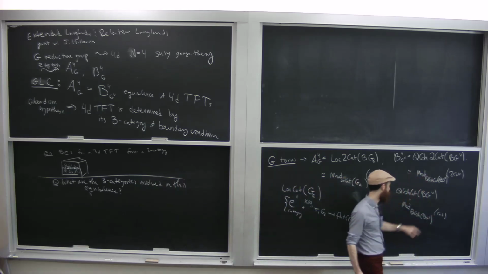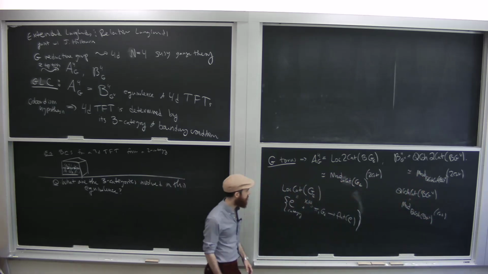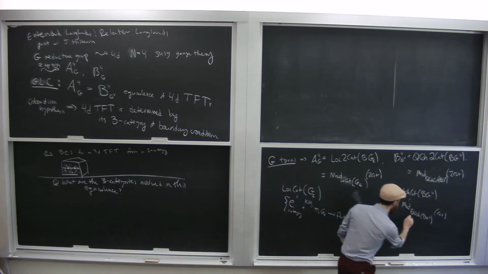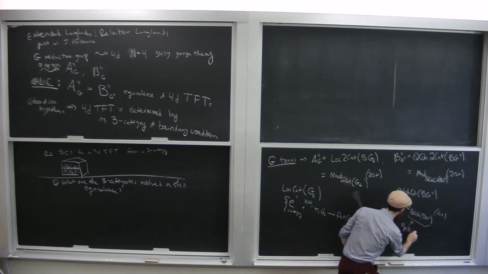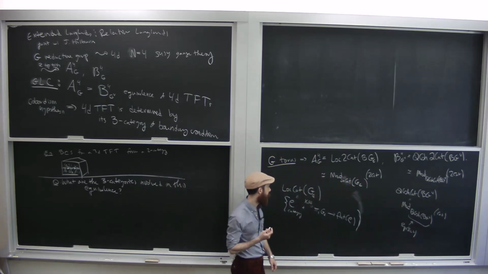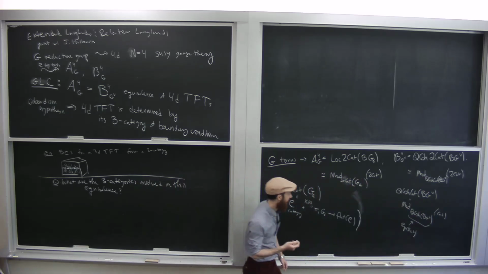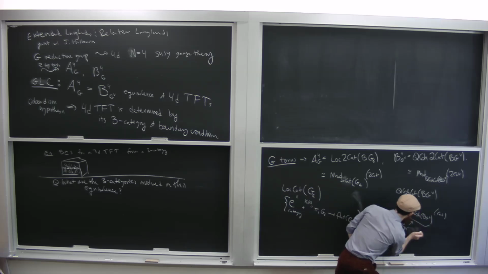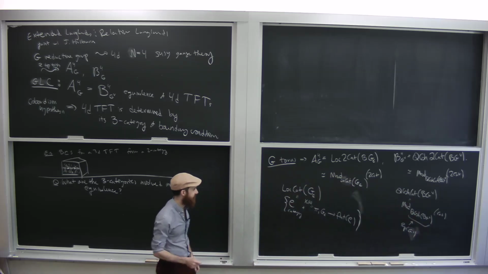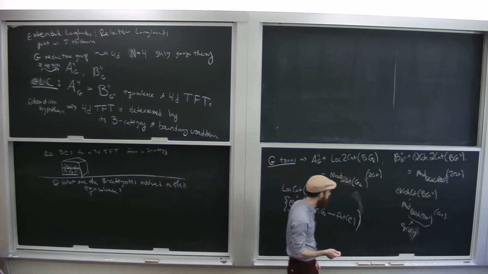So over here, modules for quasi-coherent sheaves on BG check in categories. So quasi-coherent sheaves on BG check is just representations of G check. Now the monoidal category of representations of a torus is pretty easy to understand.